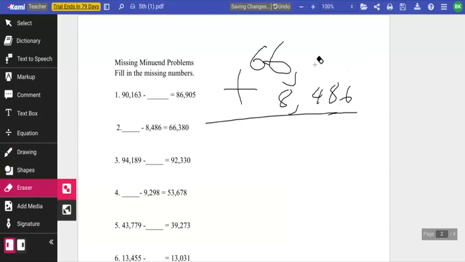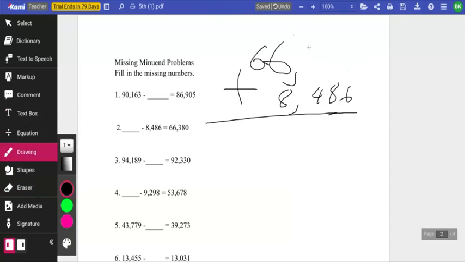Sorry. We're adding, so we don't have to do any borrowing. We just have to add 6, 16, bring the 1 up here, 4, 8, 14, 7. So the answer for number 2 is 74,866.